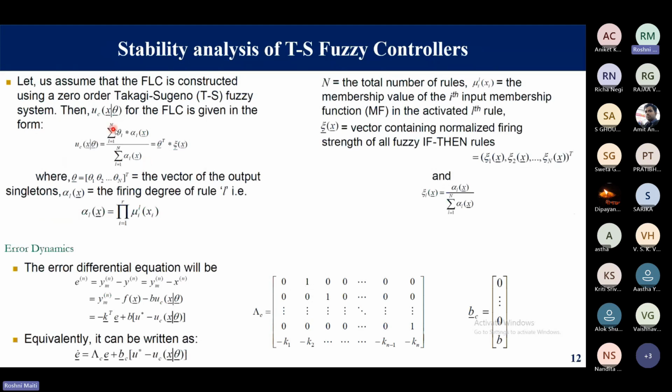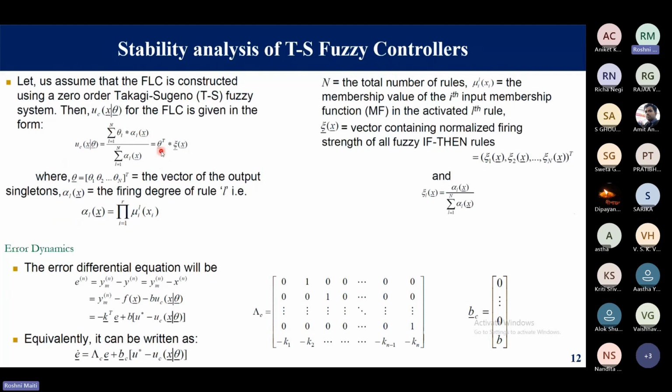If we have capital N number of rules, then we again take the average weighted sum. The same thing we did previously for only two rules, here we are doing for n number of rules to generate this fuzzy logic control system.